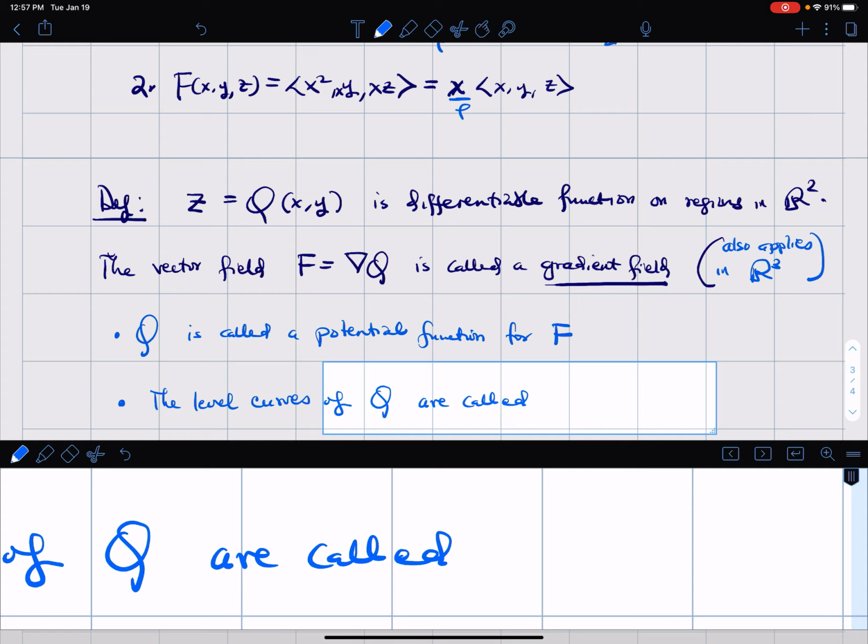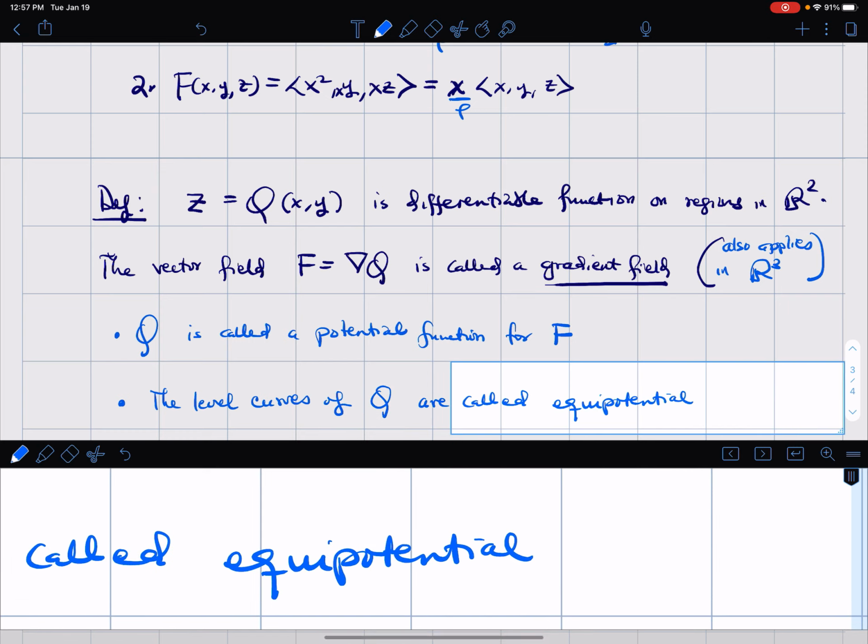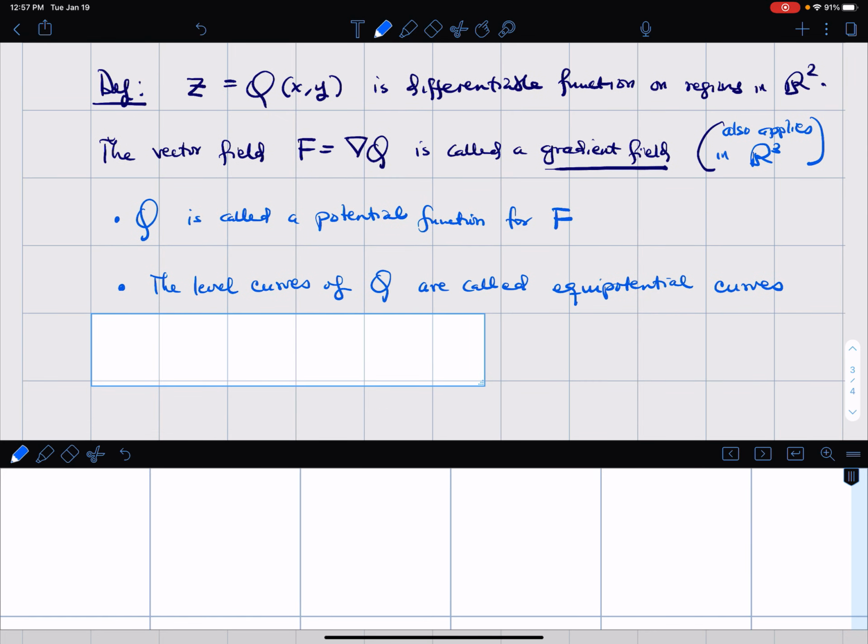Okay. The level curves of phi are called equipotential curves. All right.